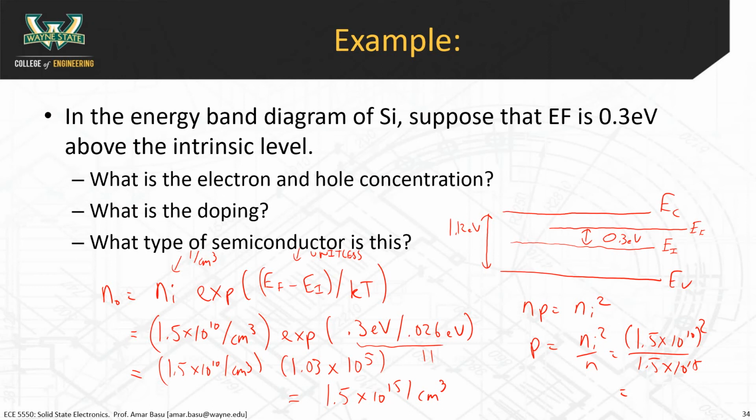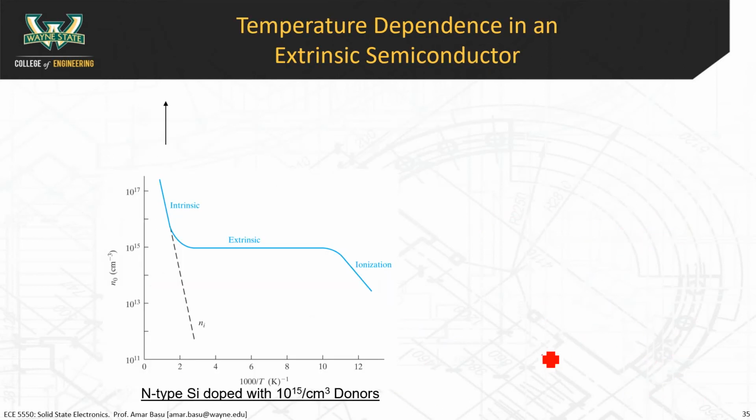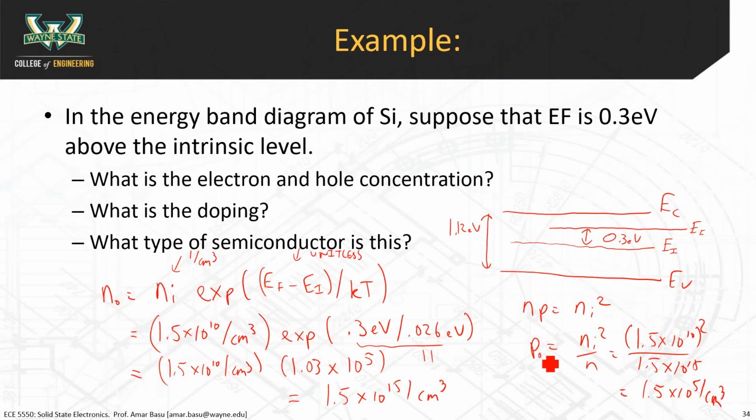That's 1.5 times 10 to the 5th per centimeter cubed. So you've got your electron and hole concentration here. This is your p0. This is your n0.